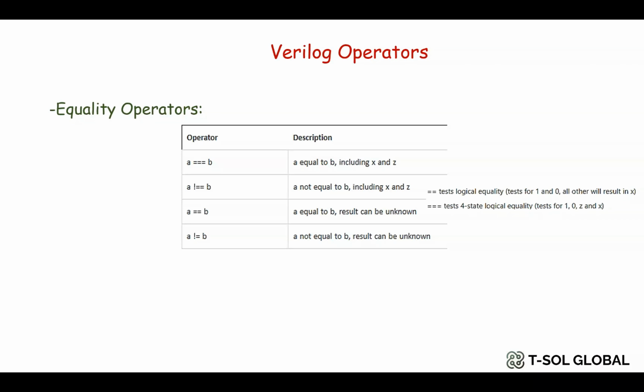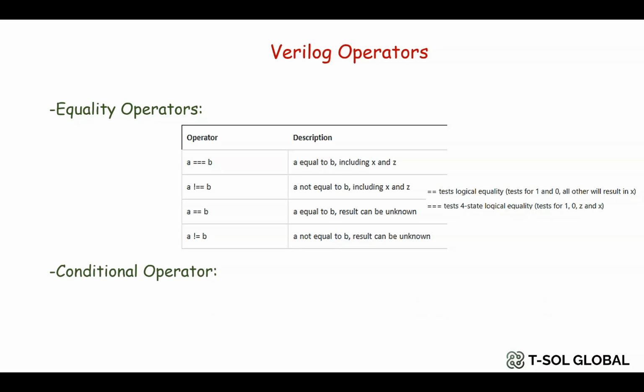It tests for 1 and 0, and all others will result in undefined. If we have three equals, then it tests 4-state logical equality. It tests for 1, 0, high impedance, and unknown.